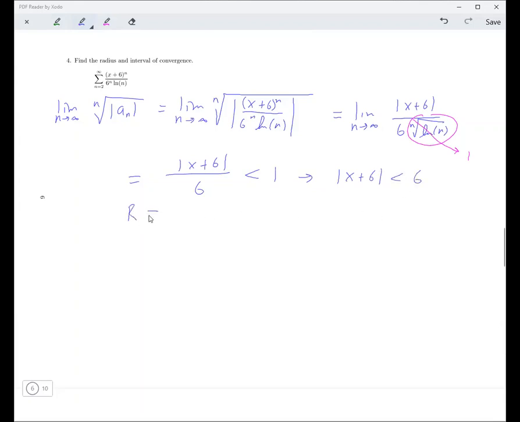So what's your radius of convergence? Just 1? No, 6. It's going to be 6 from this right here. Now your interval of convergence, because your center is -6. Let me make a note of that in a different color.